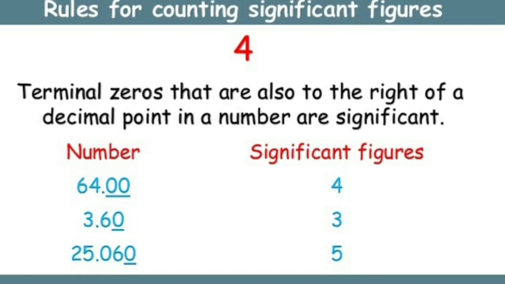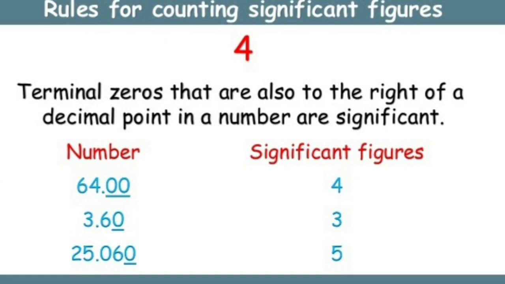The first 0 comes between two non-zero digits and the last one is the trailing one after the decimal point. So if the same zeros come without a decimal point, those zeros become non-significant. For example, if it is 6,400, the number of significant figures will be 2.